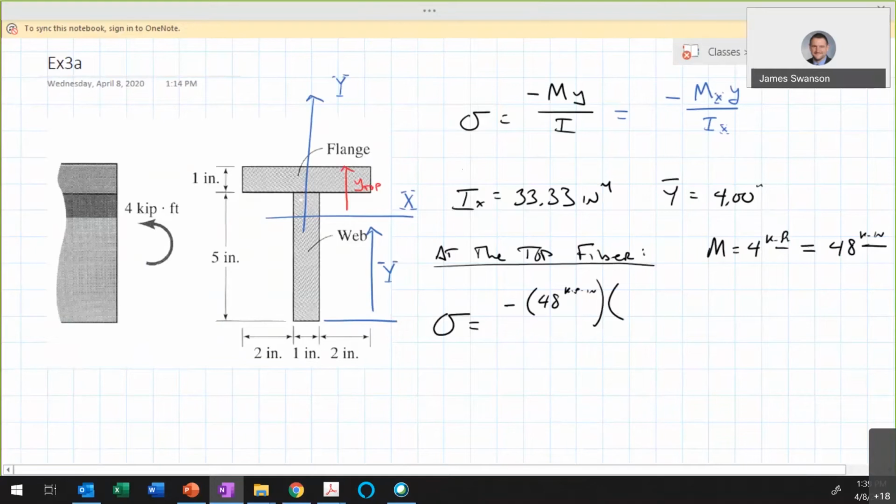We have an overall depth of 6 inches minus y bar of 4 inches, so that's a positive 2 inches. Then we divide this by the moment of inertia, 33.33 inches to the 4th, and what we end up with is 2.88 kips per square inch, and the negative sign carries through.